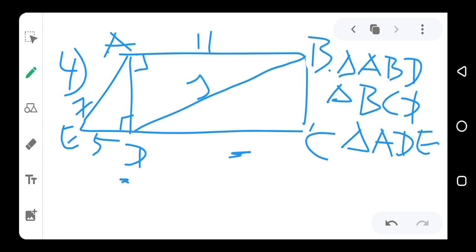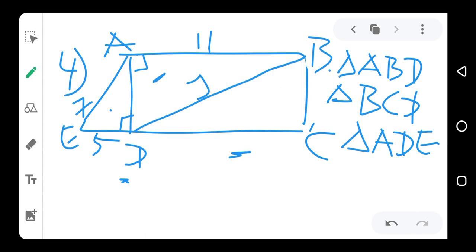Now let's look for the ones that are right angle triangles. Triangle ABD has a perpendicular sign, so it is a right angle triangle. Triangle ADE has a perpendicular sign, so it is also a right angle triangle. Now among these 2 right angle triangles, which one has 2 sides, so that we start from it.